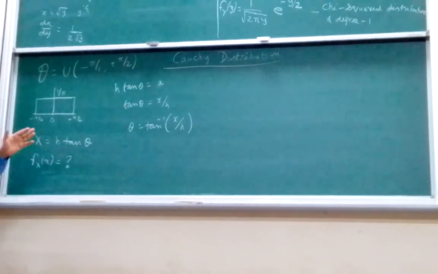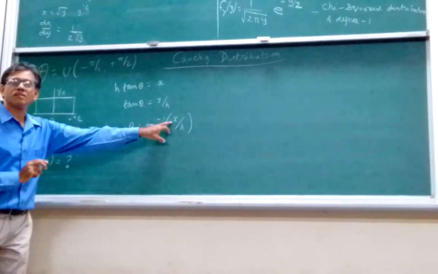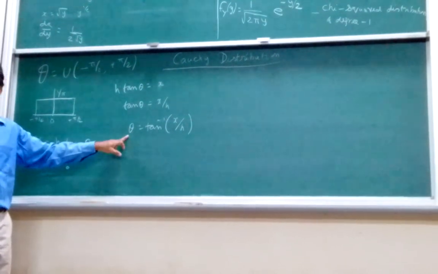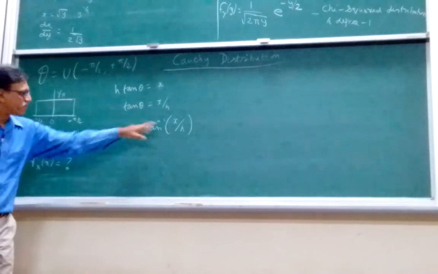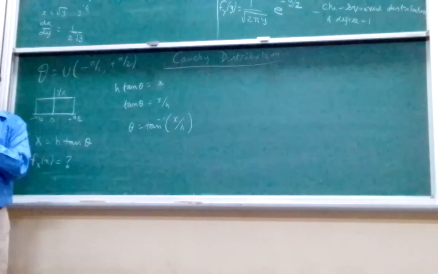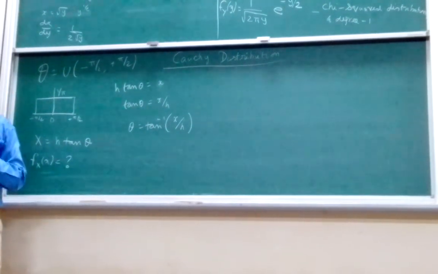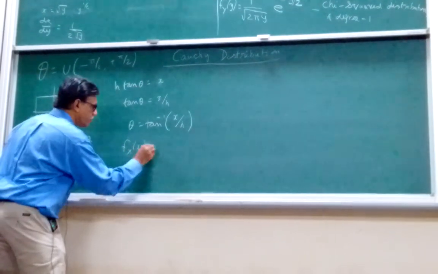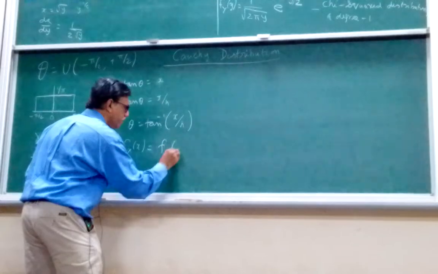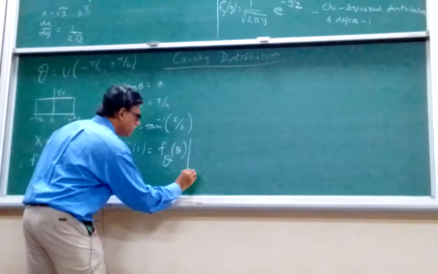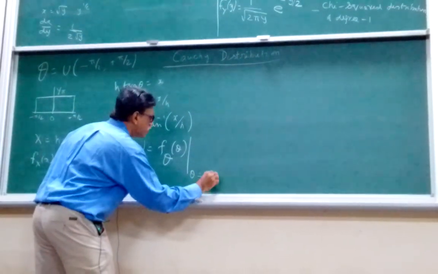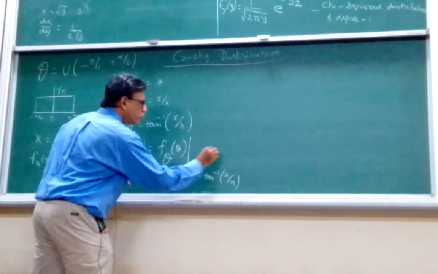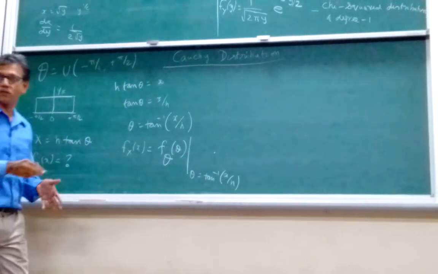Only thing is, for this x, I find the theta. fx of x is equal to f theta of theta at the theta corresponding to this. Only thing is I have to multiply it with the Jacobian of transformation. So fx of x is equal to f theta of theta at theta equal to tan inverse of x by h, into the Jacobian of transformation, modulus.